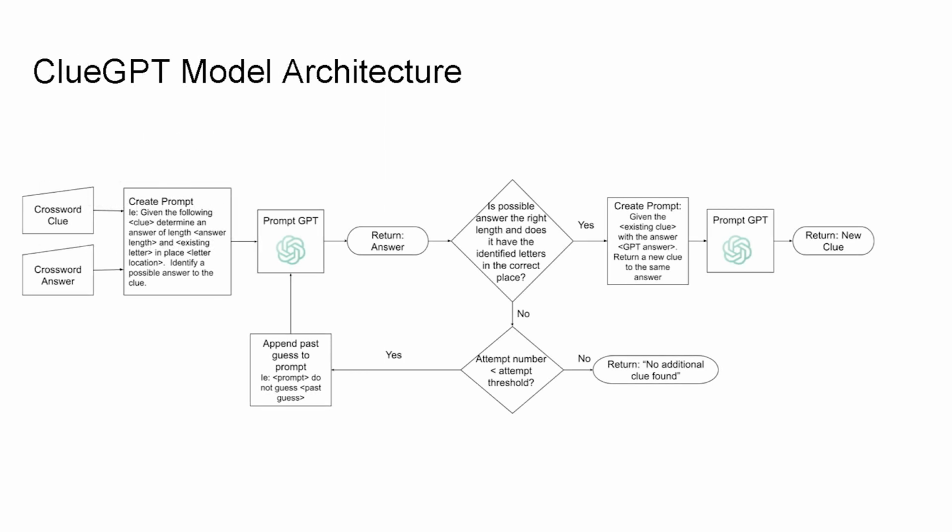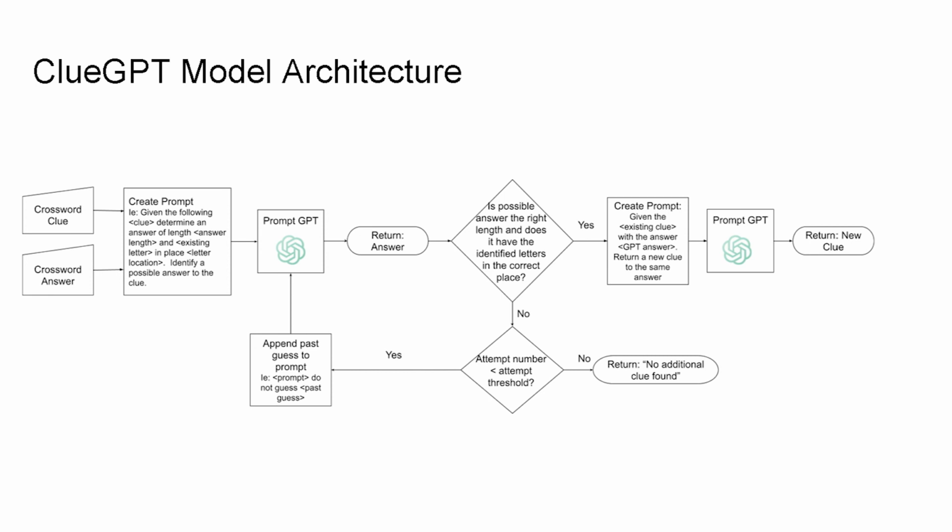Here's the ClueGPT model architecture. We first prompt GPT-4 with the existing clue, the length of the answer, and the letter positions, and then ask it to generate a guess. Once we get its guess, we analyze whether it matches the answer length and the letter positions. If it is correct, we ask it to generate a new clue.